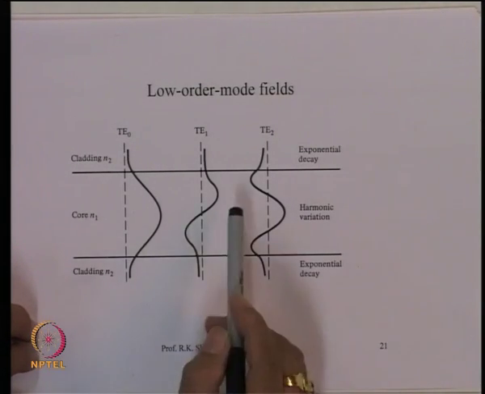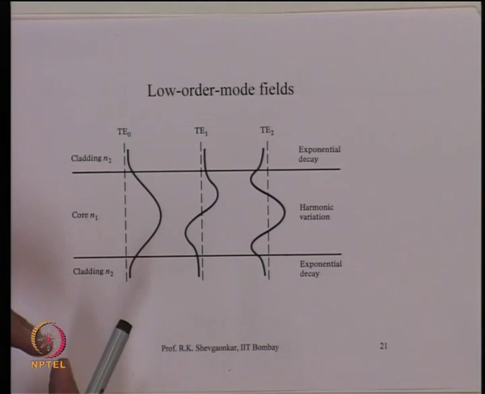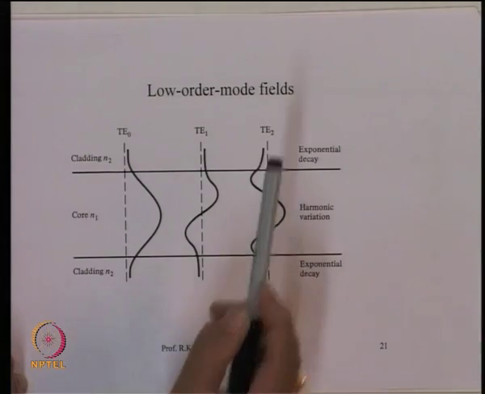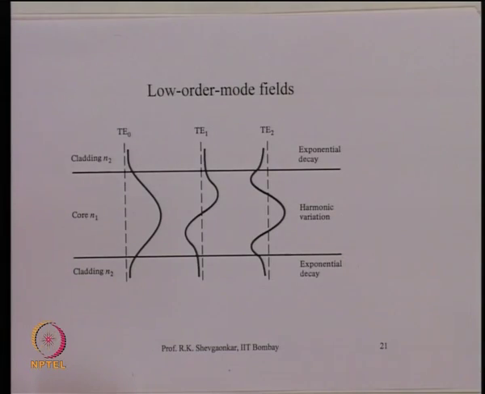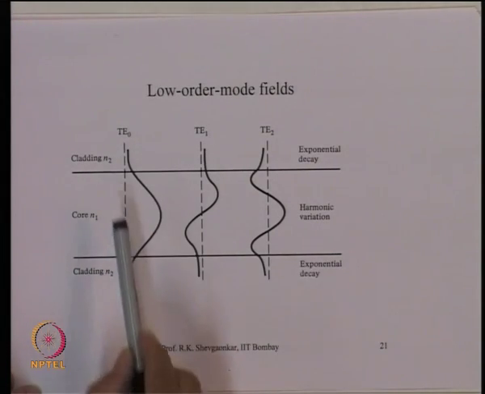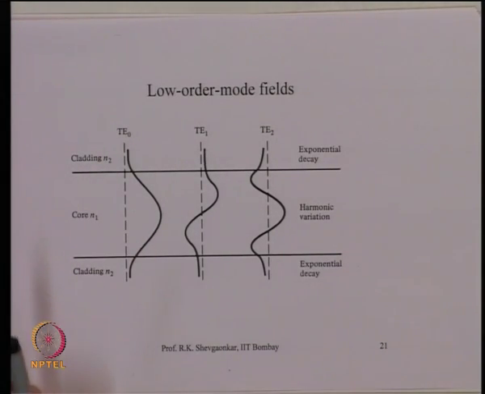So, like that, as the angle of launching increases, you see more and more zeros in the intensity pattern, and that essentially is reflected into this index which is put along with TE or TM. So, although the figure shown here is for transverse electric case, the arguments are also true for transverse magnetic.